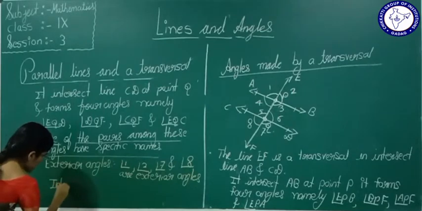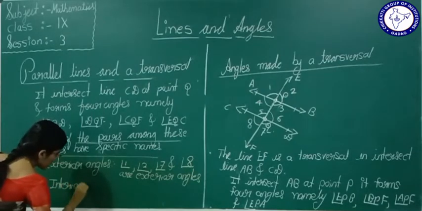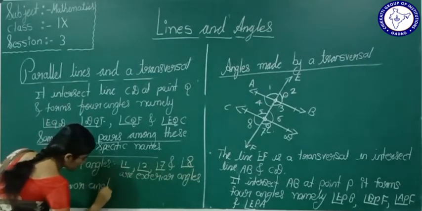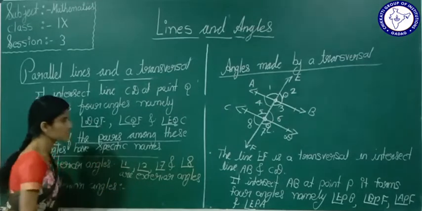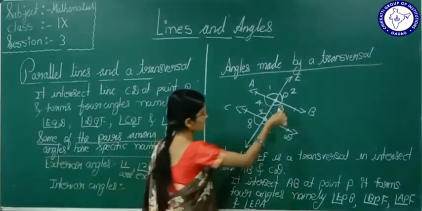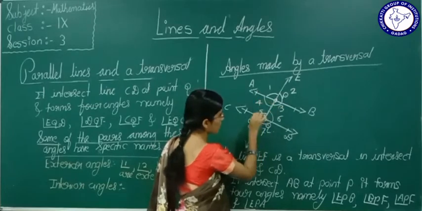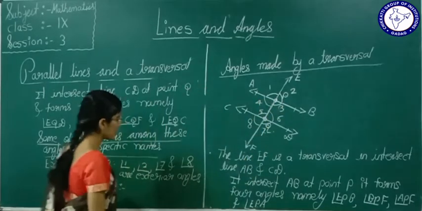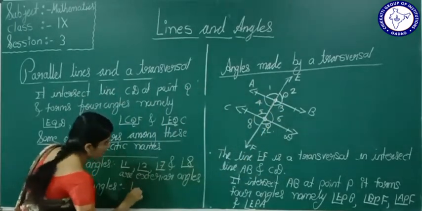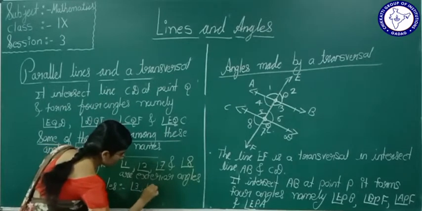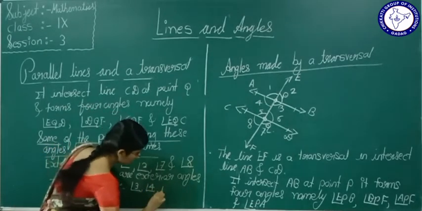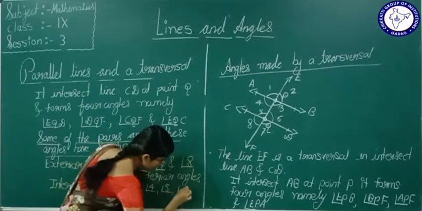Now we will see what interior angles are. Tell me which are the interior angles among these. Angle 3, angle 4, angle 5, angle 6 are called interior angles.